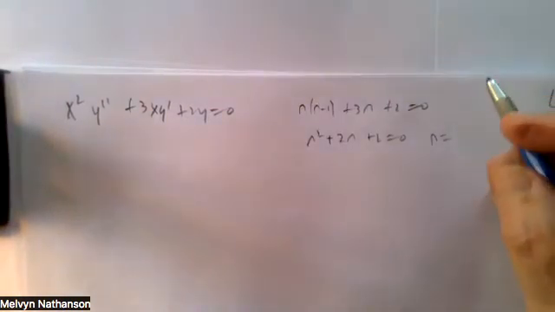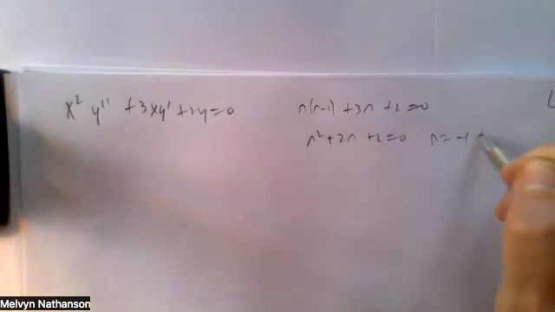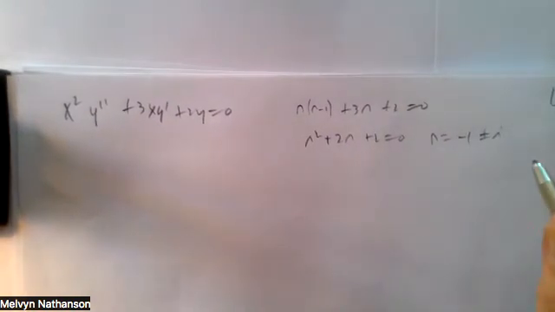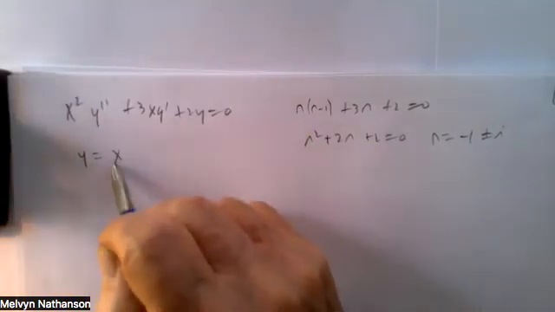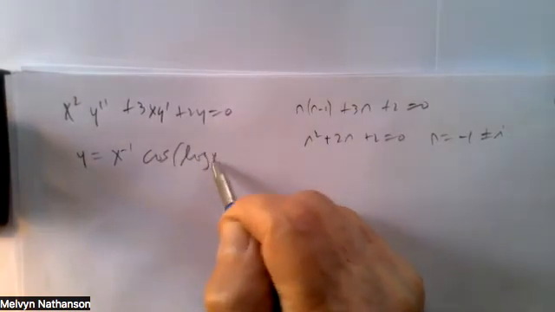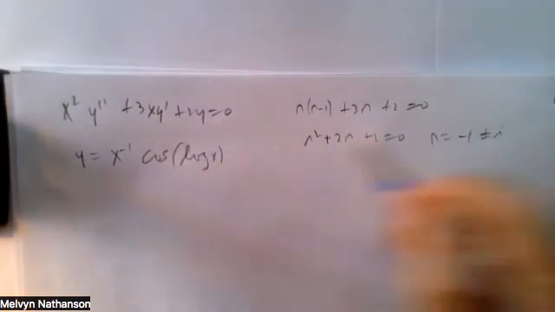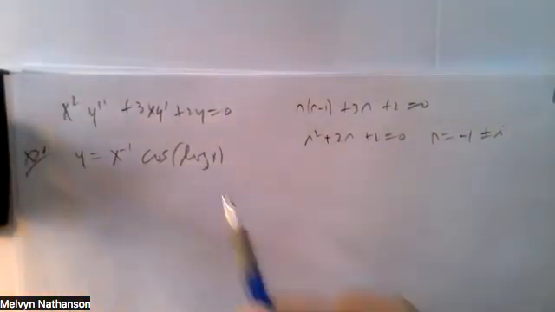Either by factoring or by the quadratic formula, you get r equals minus 1 plus or minus i. And I claim one solution is x to the minus 1 times the cosine of the log of x. This is always for x positive, so the log is always defined.